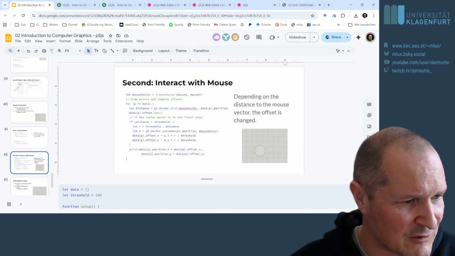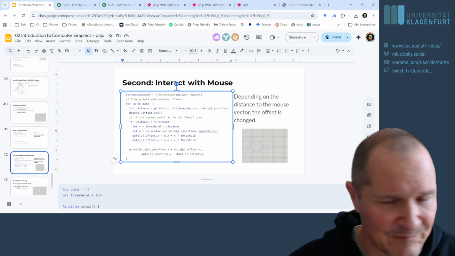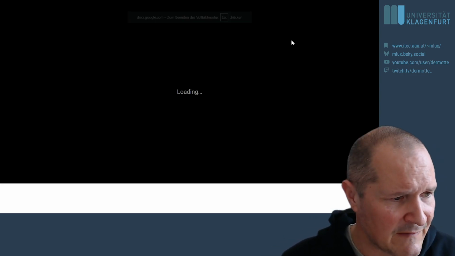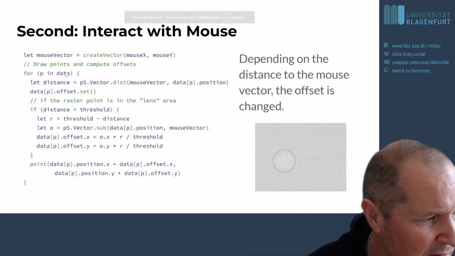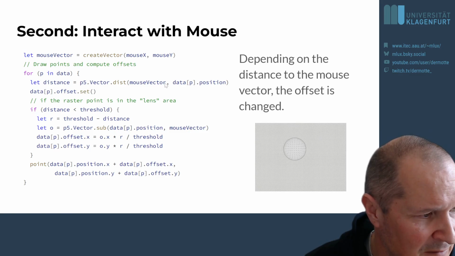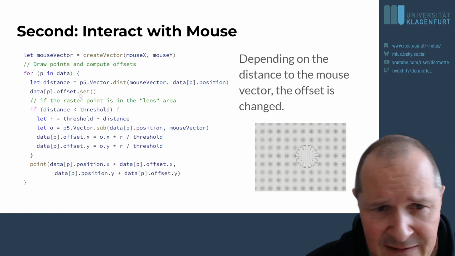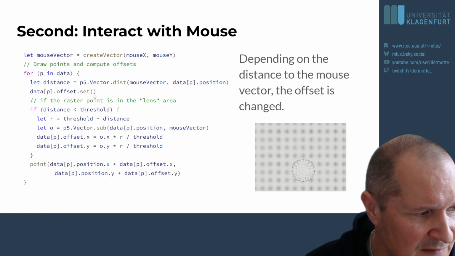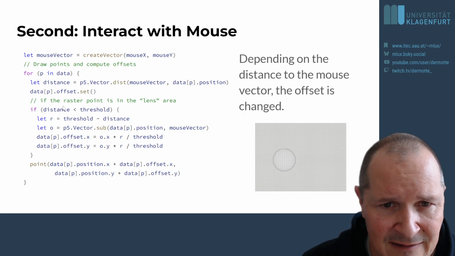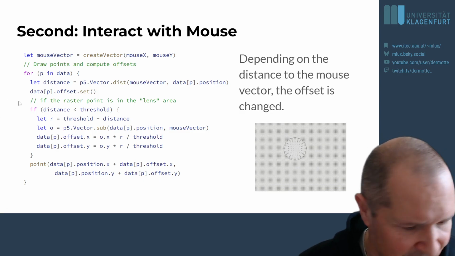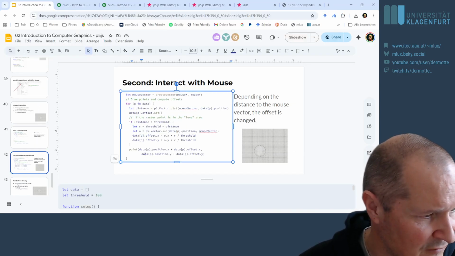Okay, so we identified the points near it. So what we can actually do is we can go for those points and then move them a little bit away with the offset vector. So for p of data, we get the distance, we already had that. And then we reset the offset so that the offset is back to normal with set. And then we create this lens effect. And let's copy this one over.